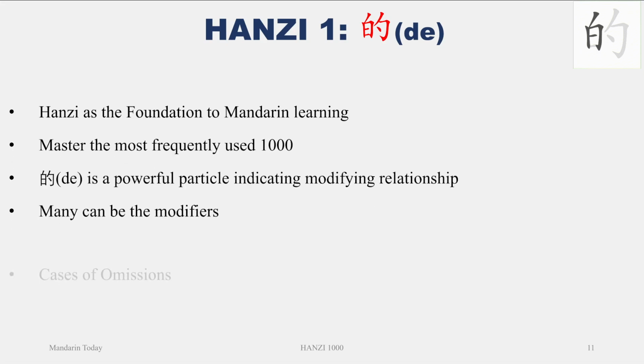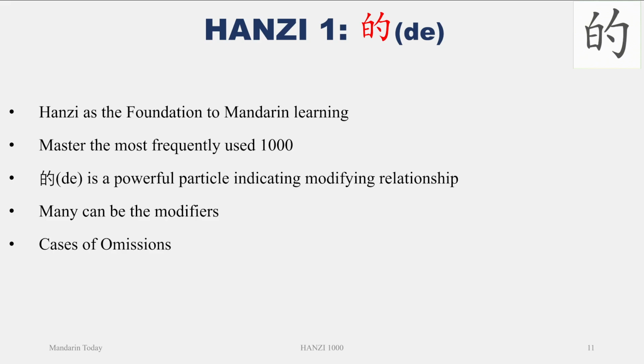Next one, I will try to summarize what we have covered in this lecture. So first, I started with the project telling you why we should treat Chinese characters or Hanzi as the foundation to Mandarin learning.